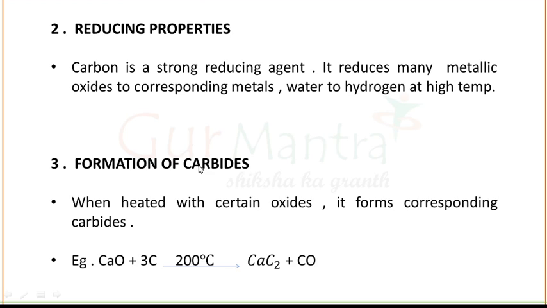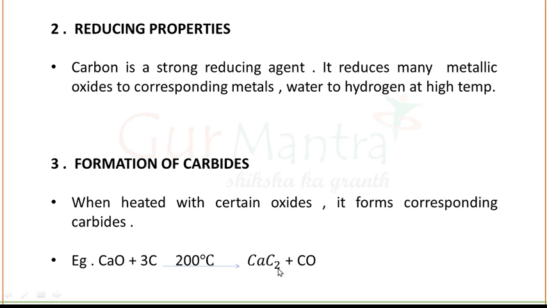Next is the formation of carbides. When you heat carbon with certain oxides, it will form corresponding carbides. For example, when you heat calcium oxide with carbon at 2000 degrees Celsius, what will you get?